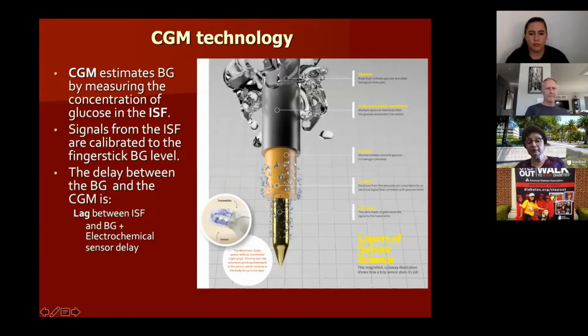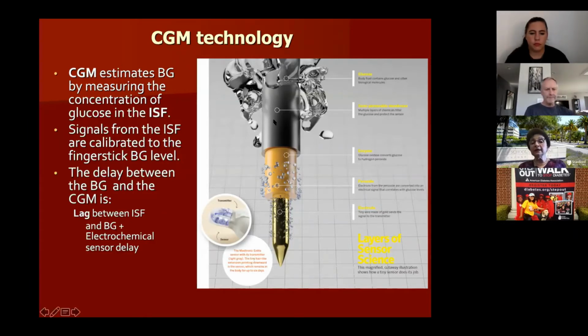And then the transmitter analyzes the data, and it's either manual calibration or factory calibration, depending on the sensor you wear. And then that data goes either into the pump or the phone app or whatever device you use.